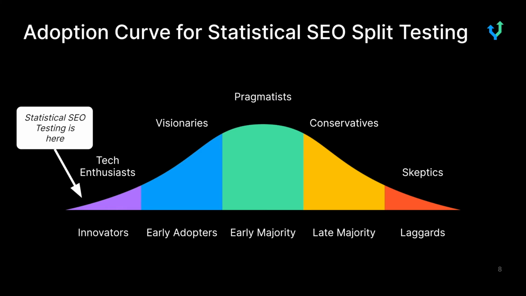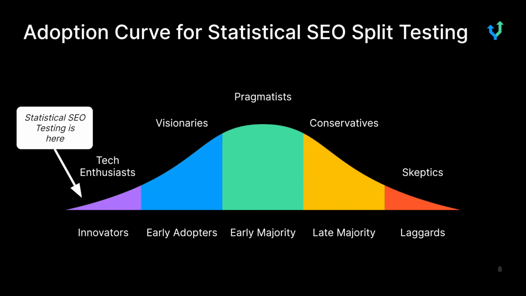To show you that you haven't missed the mark yet, statistical SEO split testing is still in the very, very early stages. I equate it to where conversion rate optimization was back in 2012. In 2012, the job title of CRO Testing Manager didn't exist.